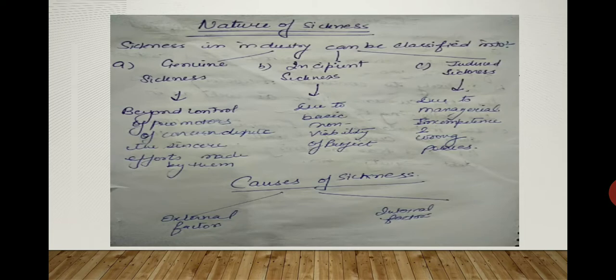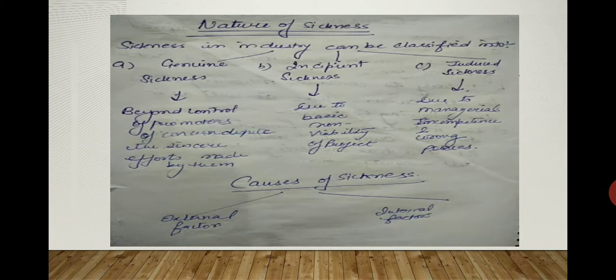So this is created deliberately so as to avail the benefits that the government provides, or so as to misappropriate the funds of the various people who have invested funds in the company.